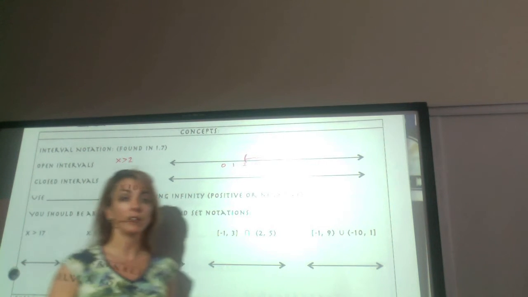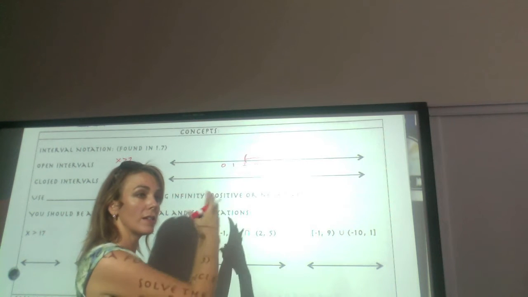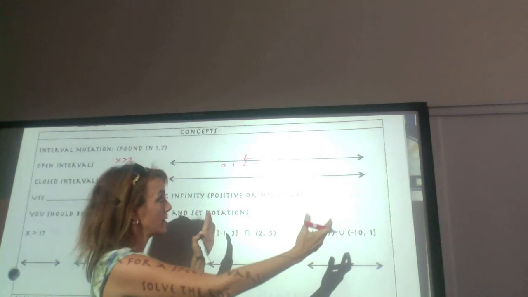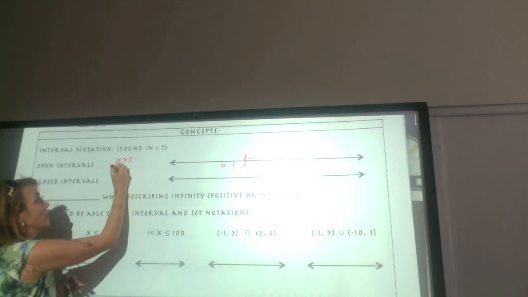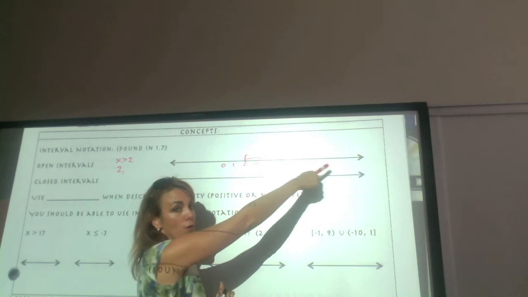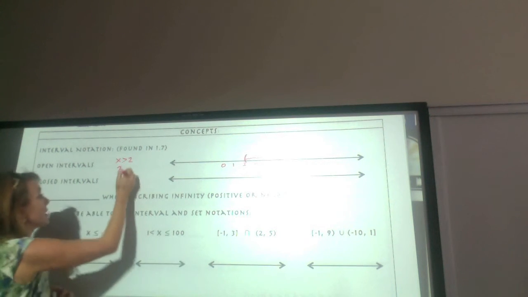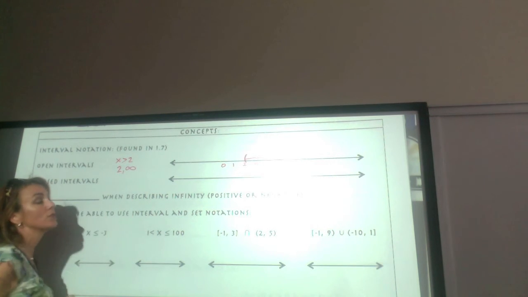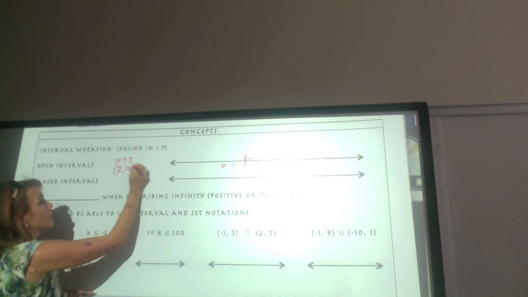But if we use interval notation, we need kind of a left end and a right end. So let's think about the left end here is 2. And we're going all the way, there is no right end. So we talk about going towards infinity. From 2 to infinity is how we read this interval.